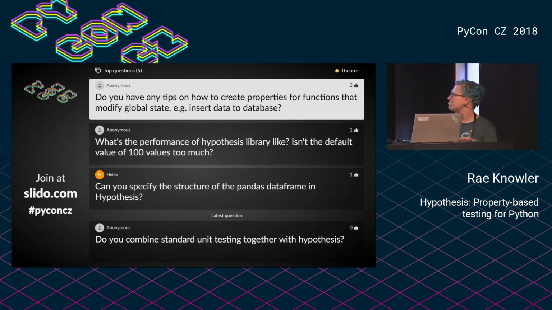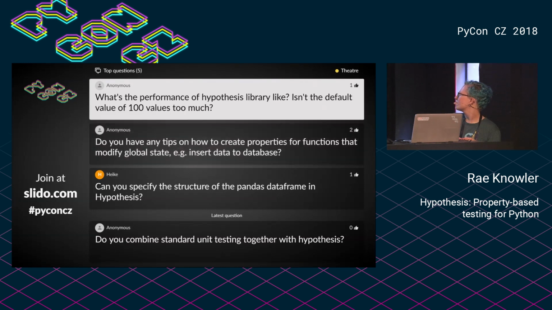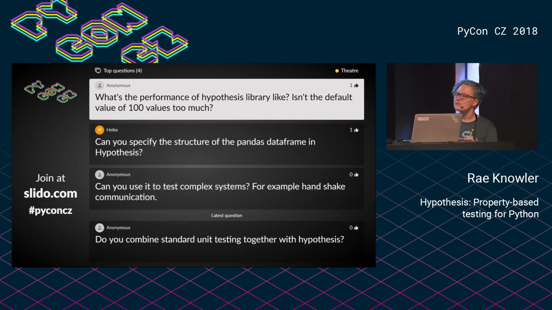Okay, thank you. What's the performance of hypothesis library like? Isn't the default value of 100 values too much? Actually, it's not a problem. A lot of the time, I find it takes less than 100 examples to find a bug if there's one there to find. Performance is something that I know David and the other hypothesis developers have worked on a lot.